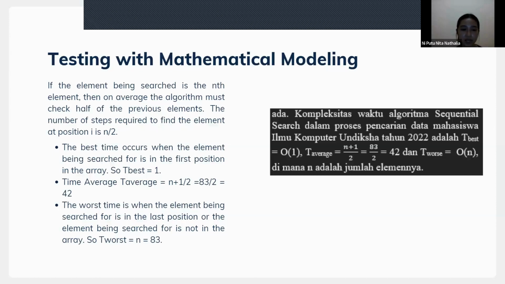And the last one is the worst time. The worst time is when the element being searched for is in the last position or is not in the array. So the T worst is n, or it is equal to 18.3.